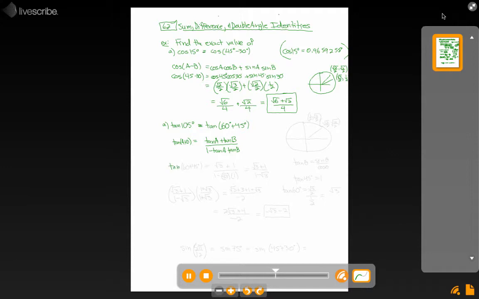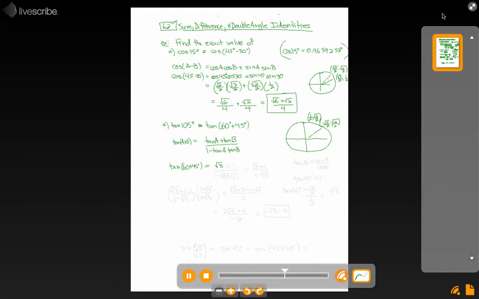Now, tan of 60 plus 45 in particular is equal to, I need to know a little bit more about 60 and 45. So if I draw myself a unit circle over on the side again, I already had the points for 45 a second ago, root 2 over 2, root 2 over 2. At 60 degrees I've got 1/2, comma, root 3 over 2. Now, tan isn't one of those coordinates.